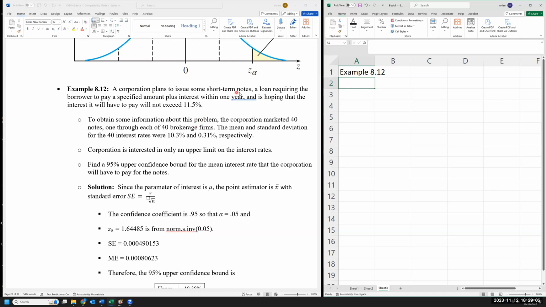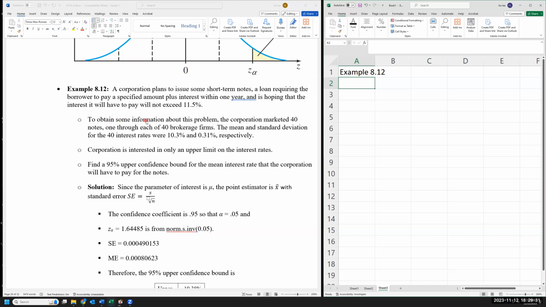Okay, and they're saying these are within 1 year. And it is hoping that the interest rate it has to pay will not exceed 11.5%. So they only care about the upper bound. They don't want it to exceed 11.5%. They don't care if it's 1%. They just don't want it to be 12%.